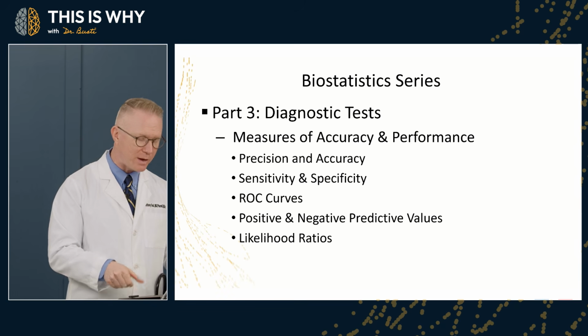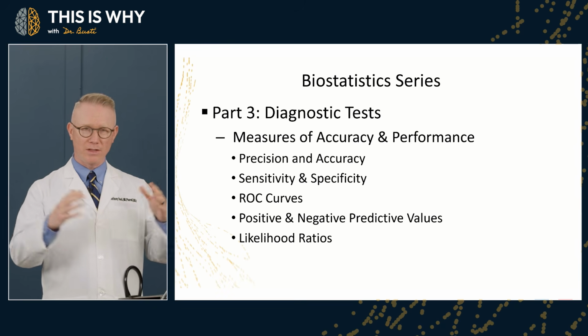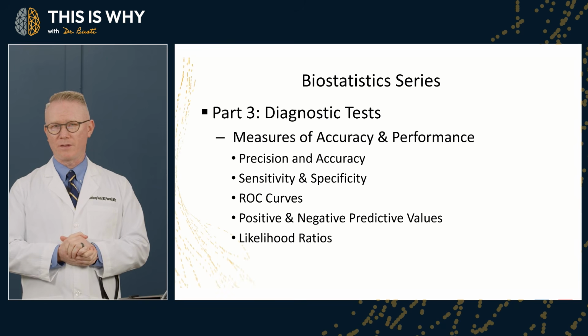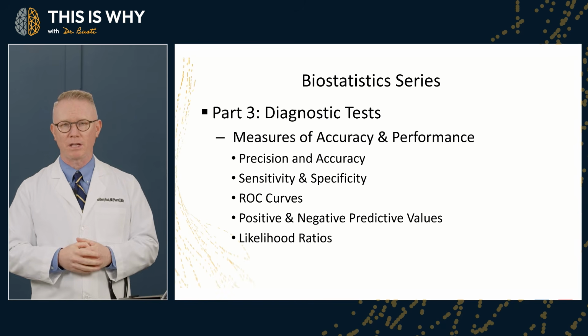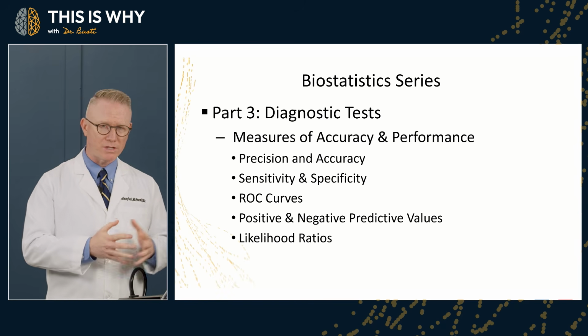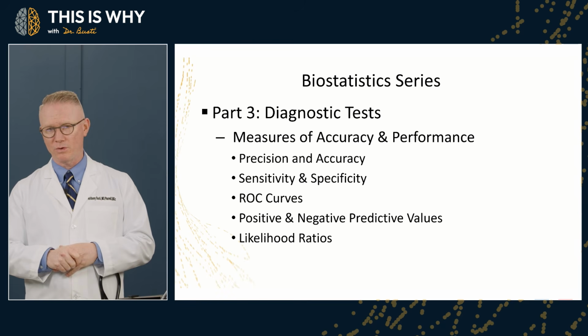And we're on this topic of likelihood ratios, but you see there are other topics in this overall understanding of diagnostic tests. There's precision, there's accuracy, there's sensitivity, specificity, the development of the ROC curves, positive and negative predictive values.